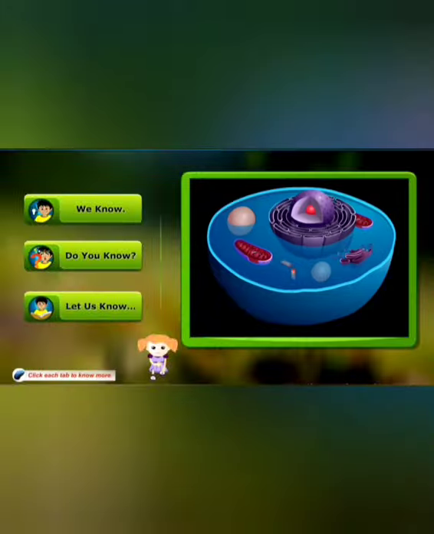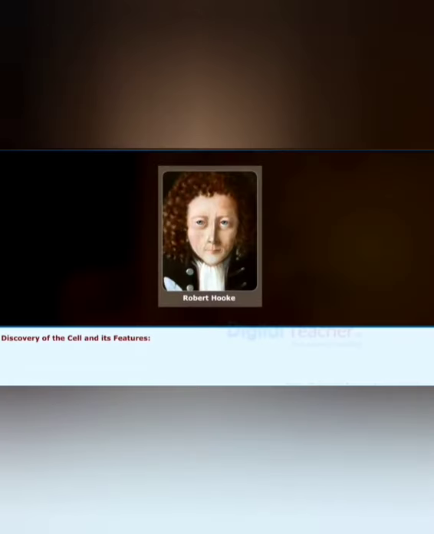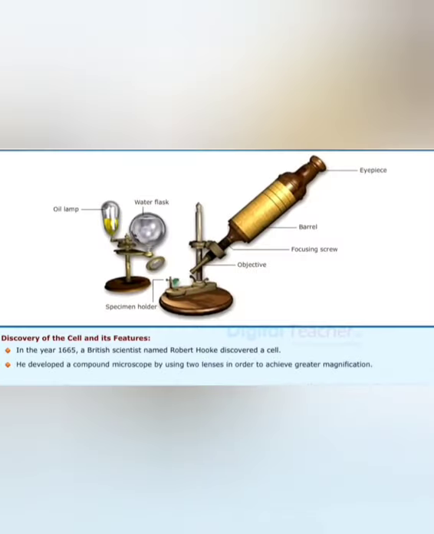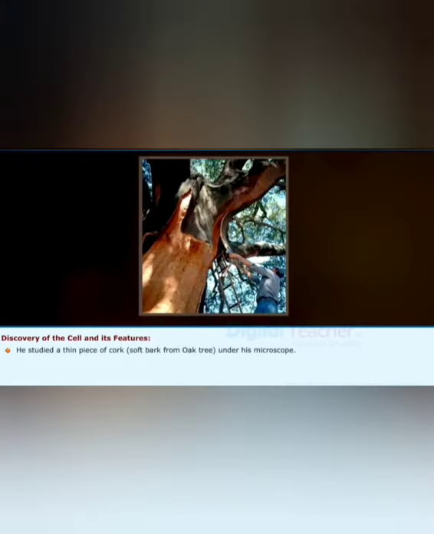Discovery of the cell. In the year 1665, a British scientist named Robert Hooke discovered a cell. He developed a compound microscope by using two lenses in order to achieve greater magnification.